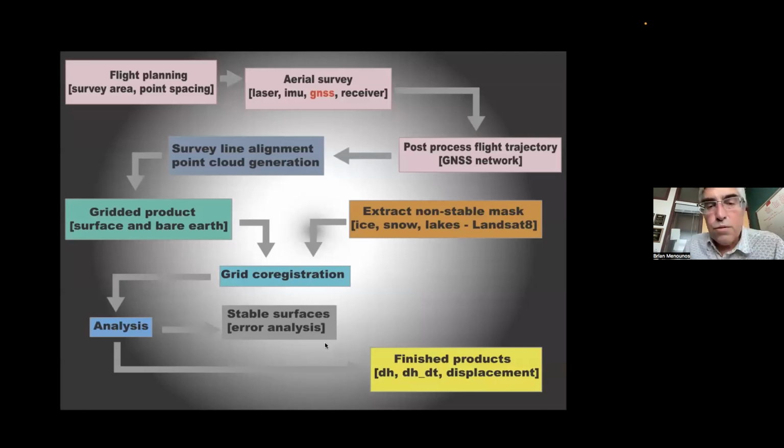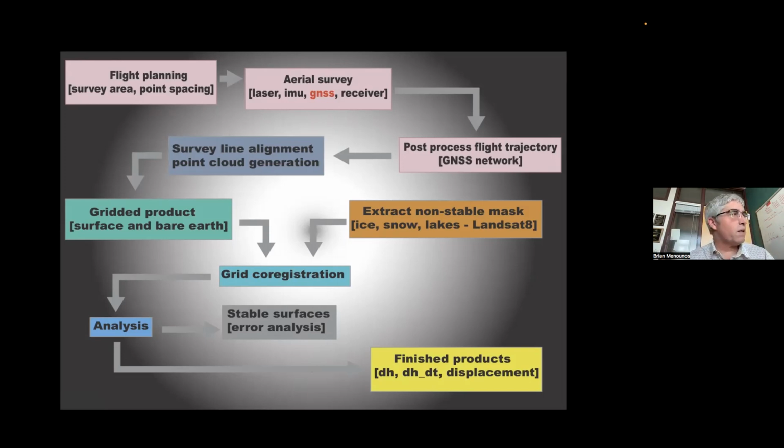So in order to do the work we do with this aircraft, we have to go through a whole host of different steps. We have to plan a particular flight. We have to post-process the lines once we actually acquire the data. Then we proceed with what's called co-registration. So even though we have a precise GPS, we have to ensure that all of the surveys, if we're doing a repeat survey, are precisely co-located.